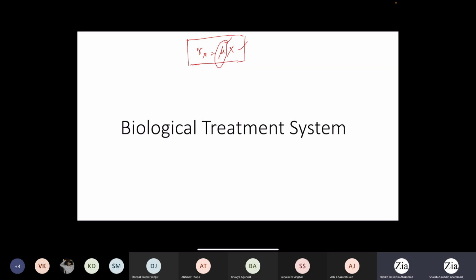So here for wastewater treatment system, we use weighted average. This mu could be a weighted average of multiple organisms, or you can have this system having multiple organisms and their similar expression.